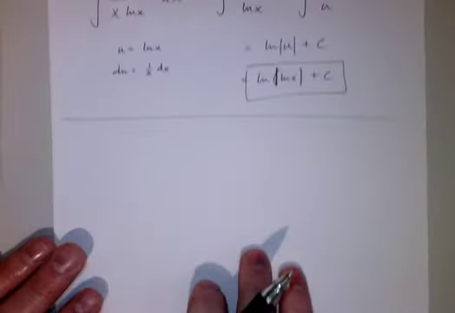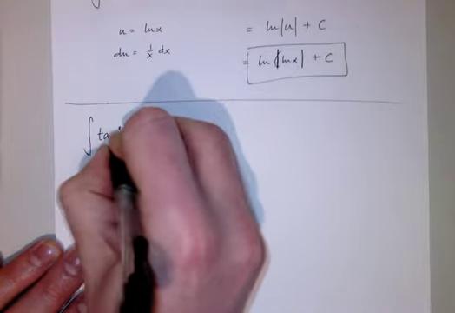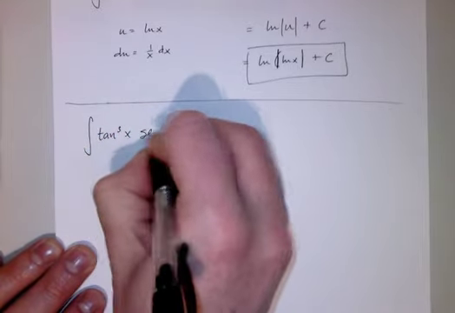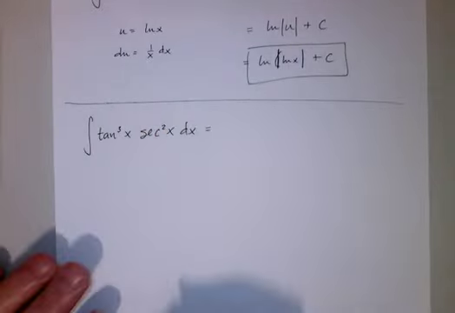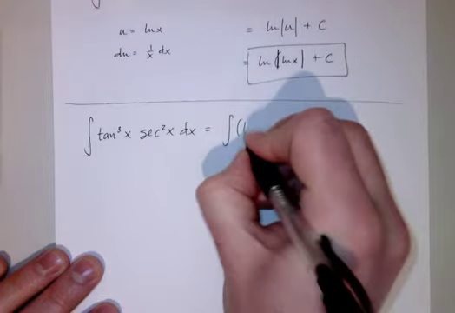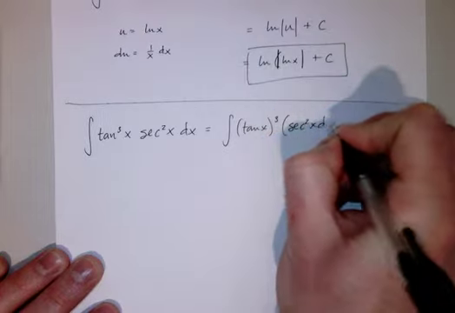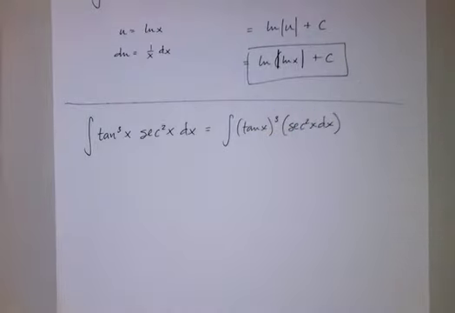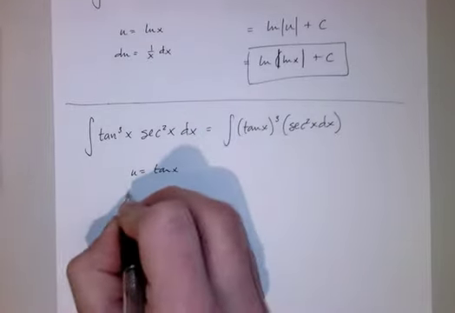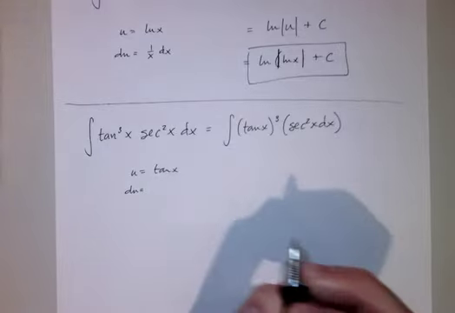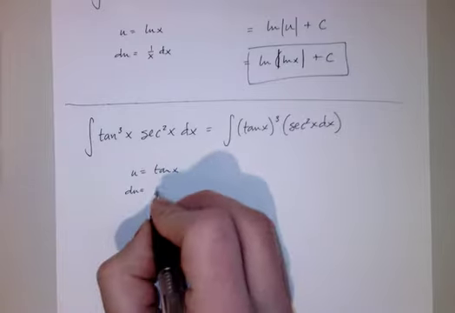Okay. How about tangent cubed x times secant squared x dx? Well, it's going to be a whole lot easier if you can look at that and see that, because once u is defined as tangent x, you should have, and your clue is the fact that secant squared is a recognizable derivative, and it's sitting there right next to the dx.